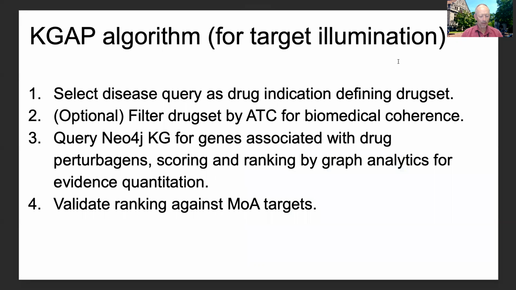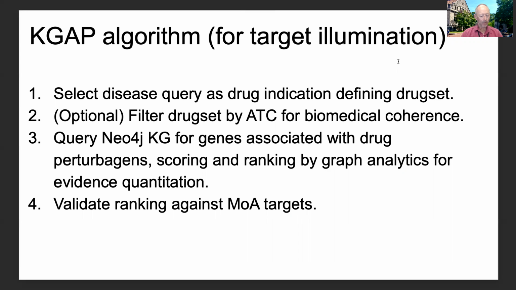The basic KGAP algorithm for drug target illumination is as follows. A disease query is mapped to a drug set via drug indications. Optionally, the drug set may be filtered by anatomical and therapeutic classification, ATC code, or biomedical coherence. In other words, and in general, we are more interested in disease-modifying drugs and less in drugs which relieve symptoms.